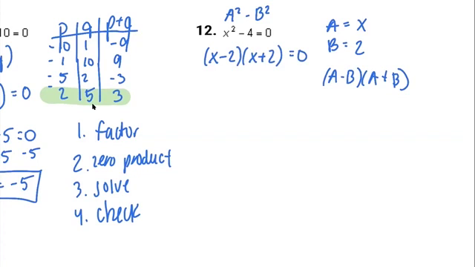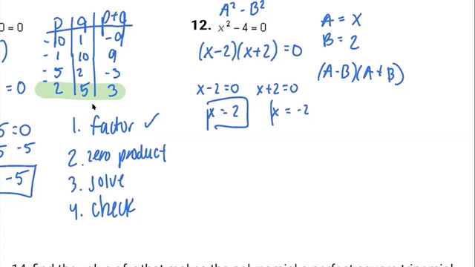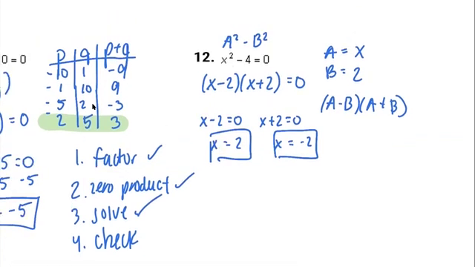So we factored. Now we use the zero product rule. So x minus 2 has to equal 0 and x plus 2 has to equal 0. If I do the operations to get x by itself, x is going to equal 2 and -2. So I did the zero product, I solved, and now I'm going to check my answers.